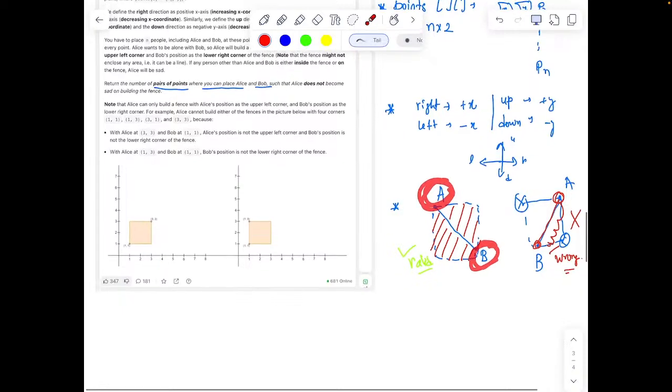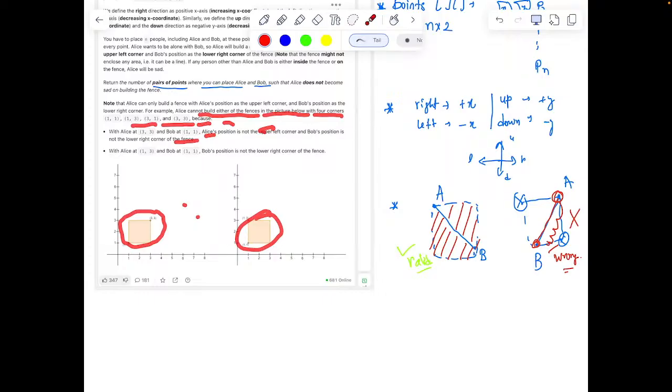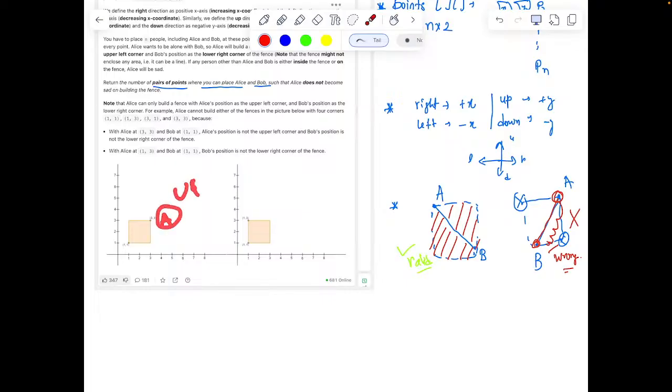So Alice cannot build the fences in the picture below with four corners as these. Why? Because, they're talking about this first, and then they will talk about this. So this is the first case where they're saying that Alice position is not the upper left corner. You can see Alice is at 3 3, so it is upper right, not upper left. Upper left is empty. So this is an invalid case.